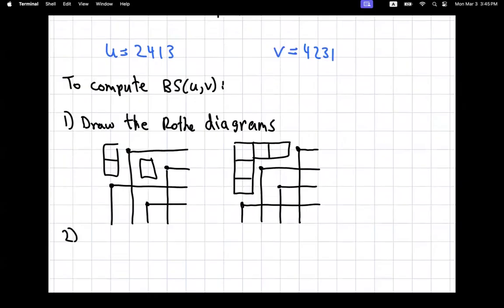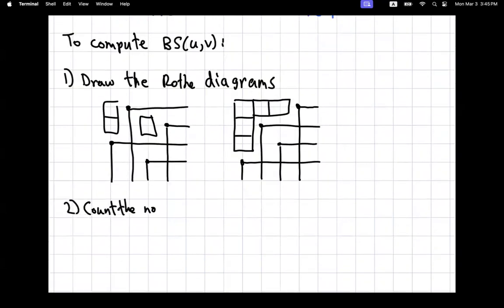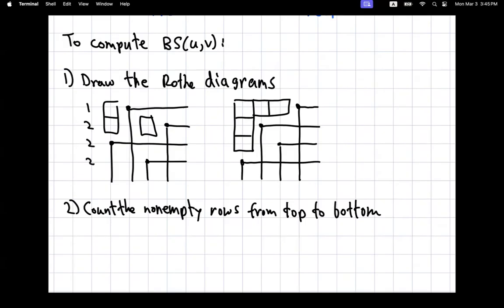And now we again count the non-empty rows. Here, I'm going to move this down. Count the non-empty rows, but this time from top to bottom. On the left, we have a non-empty row, then empty rows, so we stay at 2, and empty rows, so we stay at 2.